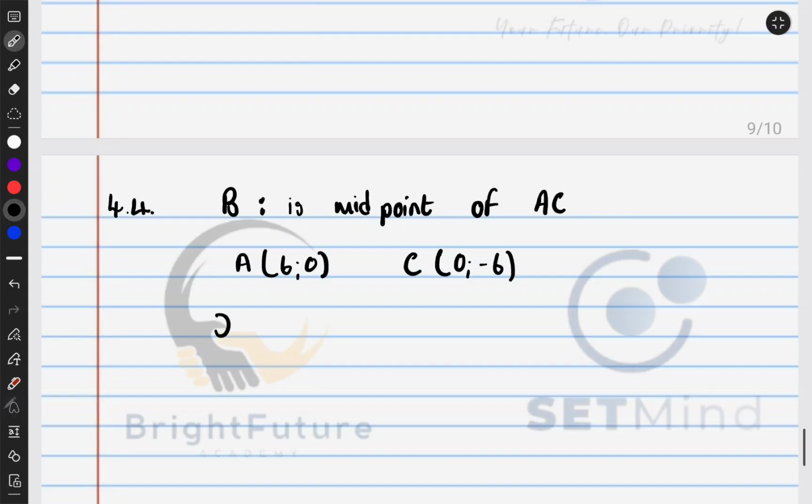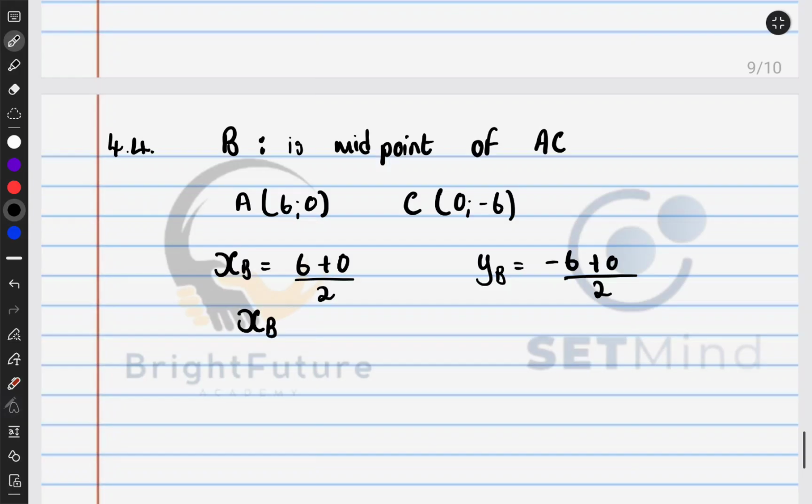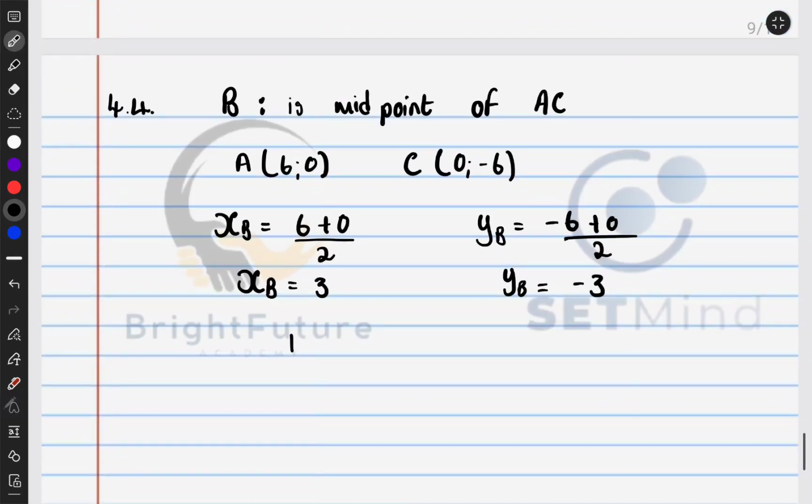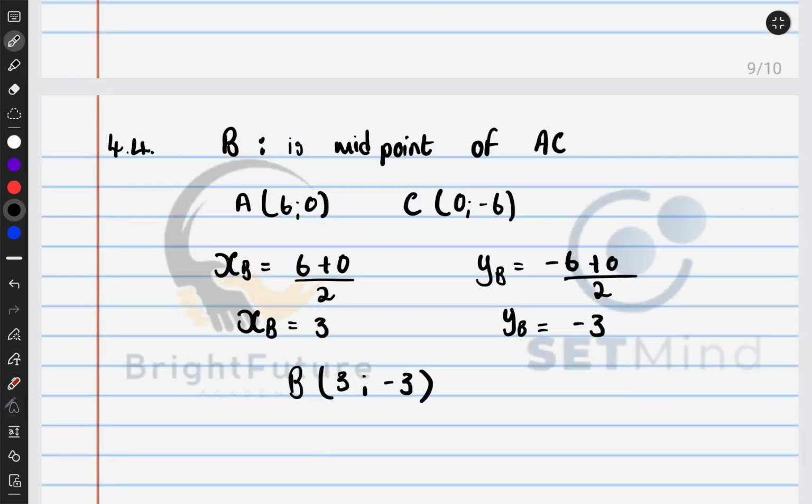So let's calculate the coordinates of B. By the midpoint formula, XB is XA, which is 6, plus 0, divided by 2, and YB is negative 6 plus 0, divided by 2. Therefore XB is 3, and YB is negative 3. Those are the coordinates of B. It's 3 and negative 3.